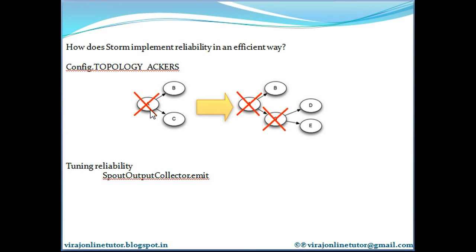So this is A, B and C. Now D and E are created based on tuple C. There is a bolt which emits the tuples D and E. These are based on C. So when C completes its execution, this is how the tuple tree changes when C is acknowledged.